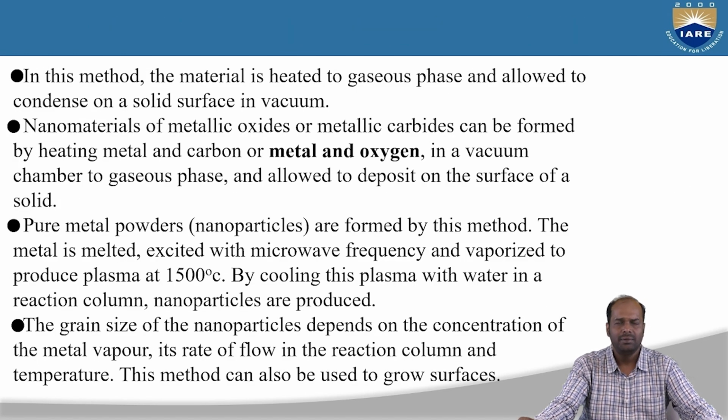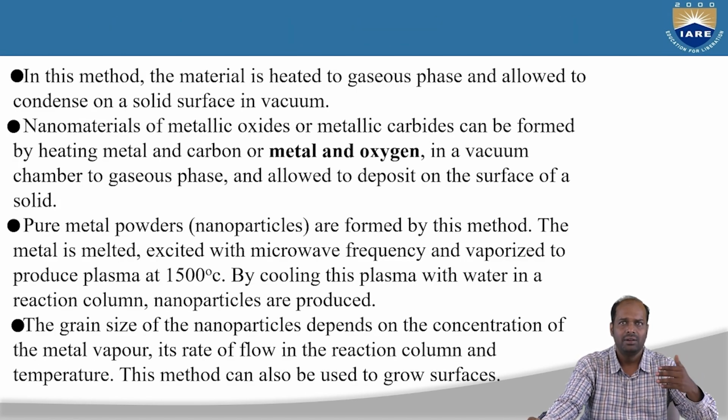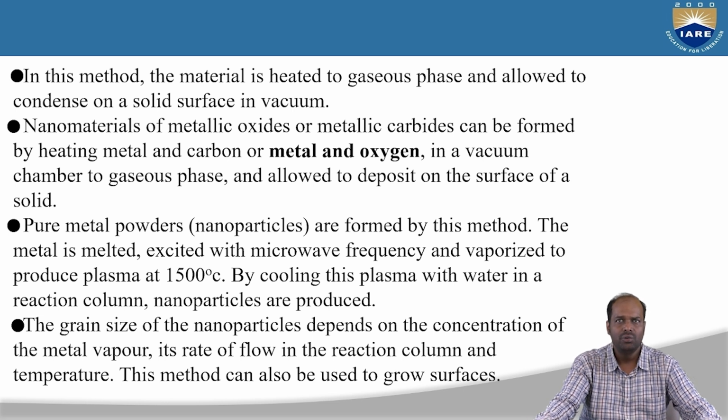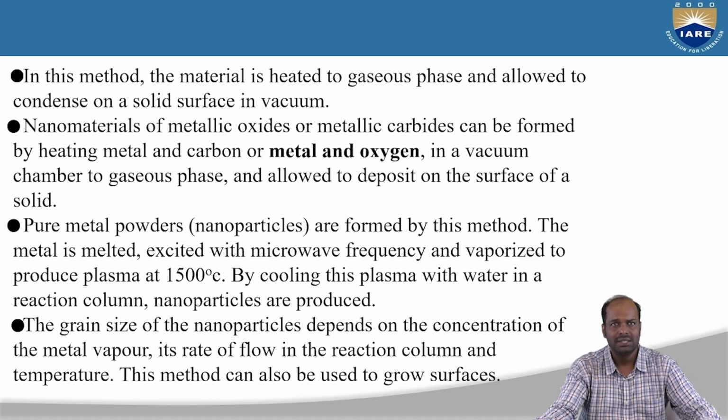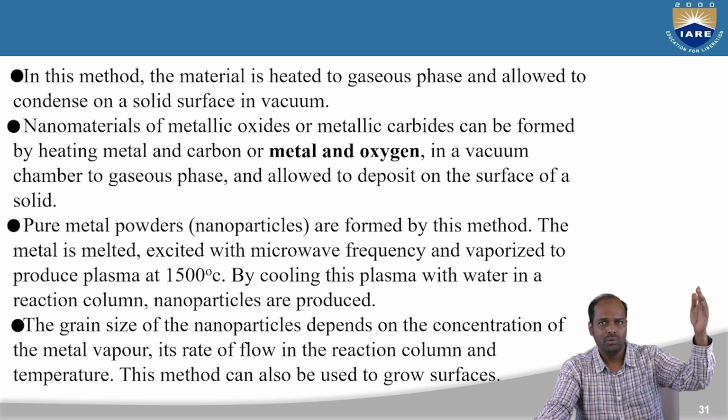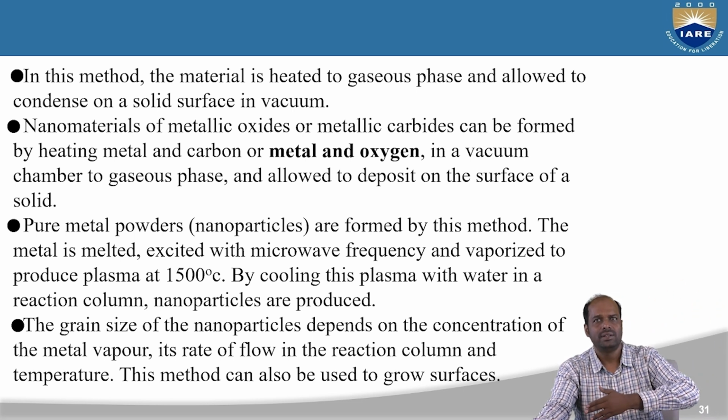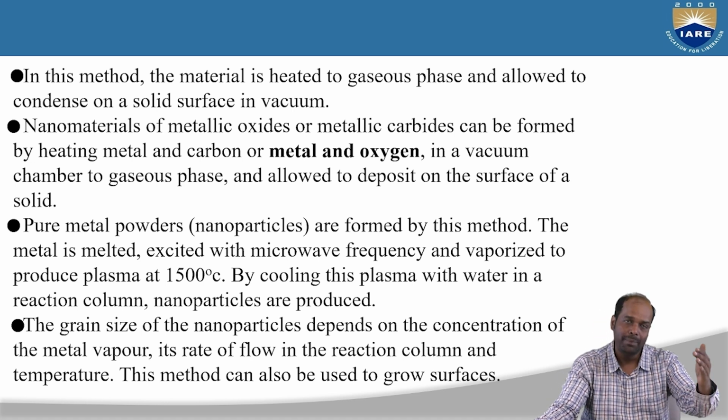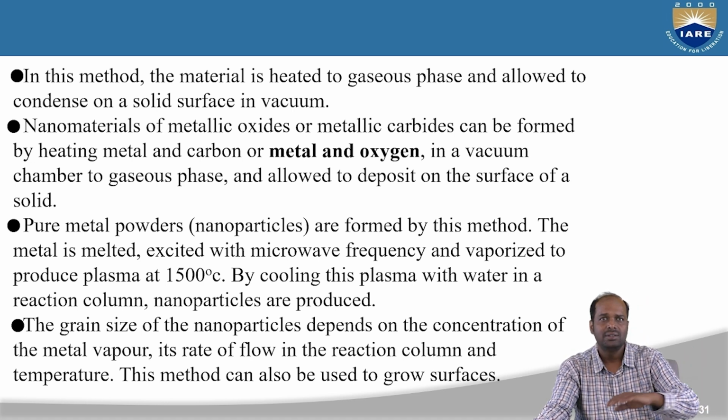So, in this method, the material is heated to a gaseous phase and allowed to condense on a solid surface in a vacuum. Metal oxides and metal carbides can be formed by heating the metal and carbon, or metal and oxygen, in a vacuum chamber to a gaseous phase, which is then allowed to deposit on the surface of a solid.